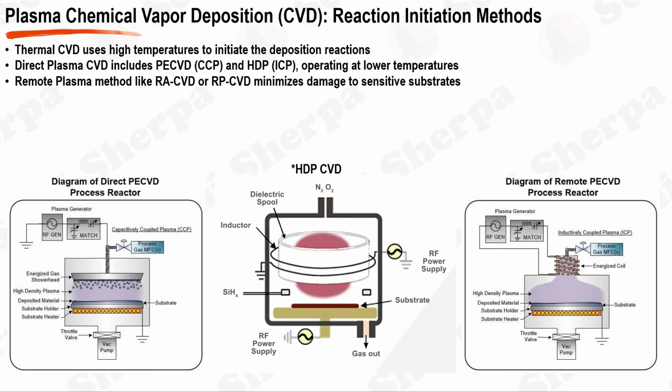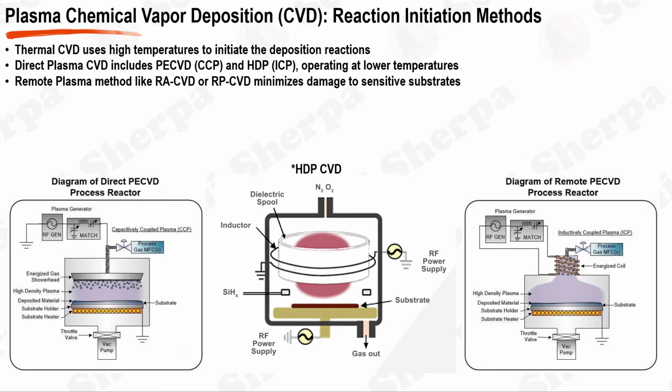Remote plasma methods, such as radical-assisted CVD, RACVD, or remote plasma CVD, RPCVD, also utilize a plasma to initiate the reactions but in a somewhat different way. Instead of forming the plasma directly in the reaction chamber as in direct plasma methods, remote plasma methods generate the plasma in a separate chamber or remote region.